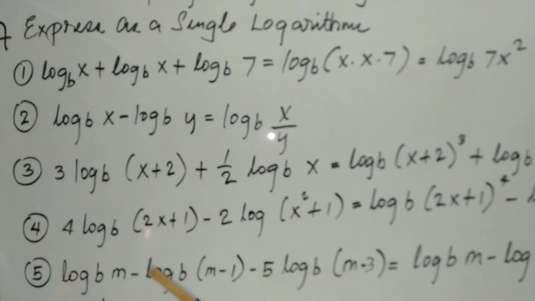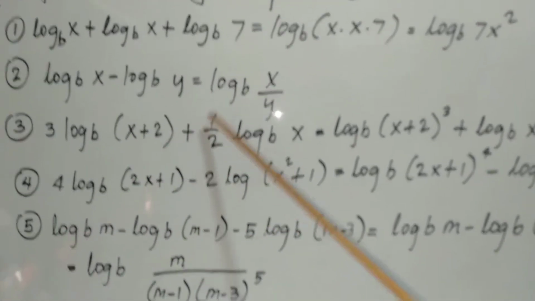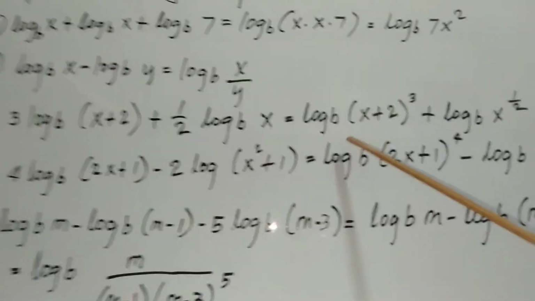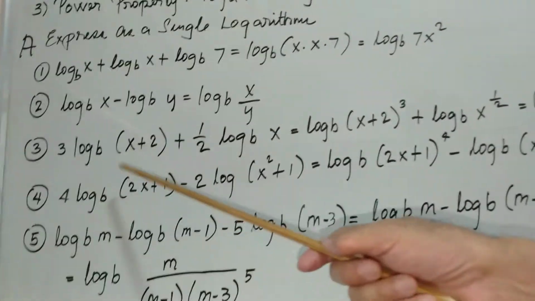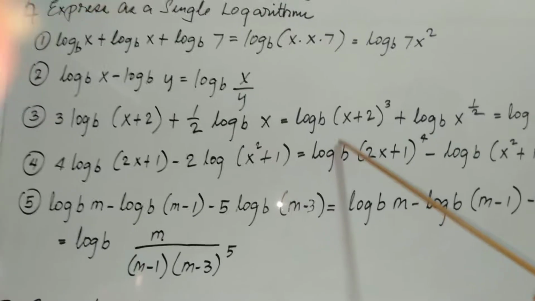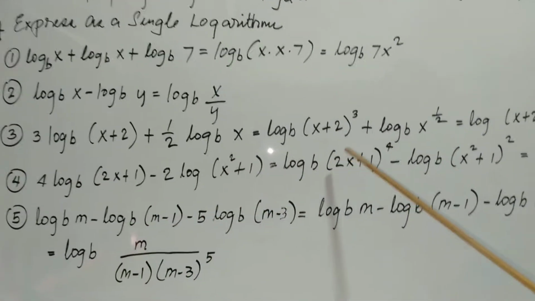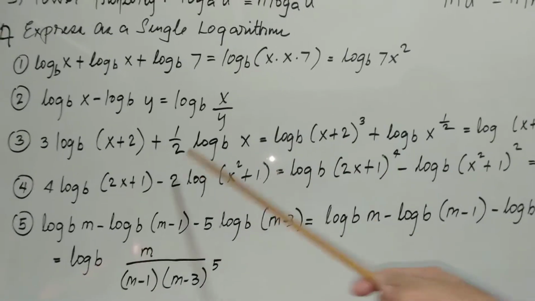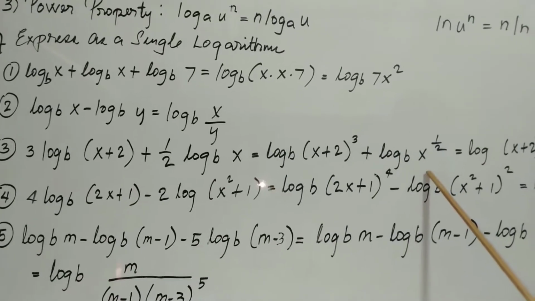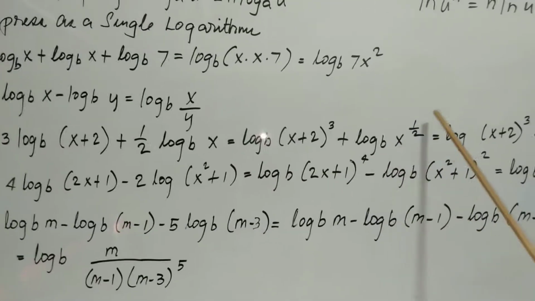For number 3, we have 3 log base b of x plus 2 plus 1 half of logarithm of x base b. All we have to do is change this to the power form, so it becomes logarithm base b of x plus 2 raised to 3. The coefficient becomes the power. Plus this 1 half becomes the power of x, logarithm base b of x to the 1 half.